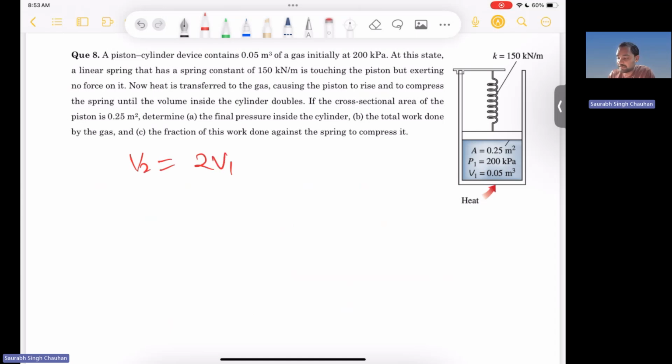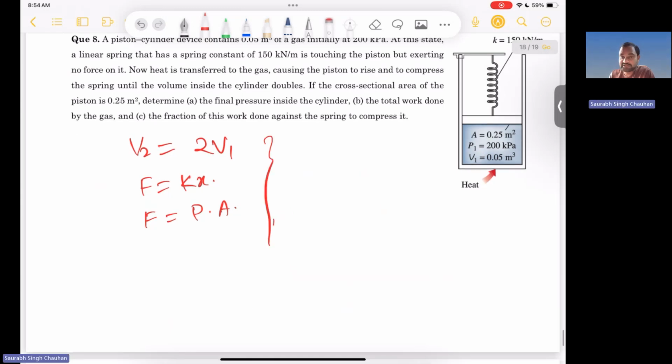You have the cross sectional area, so you can find the force once you know the pressure, correct? And since it is a linear spring, you can use this relation. Force will be pressure times cross sectional area.